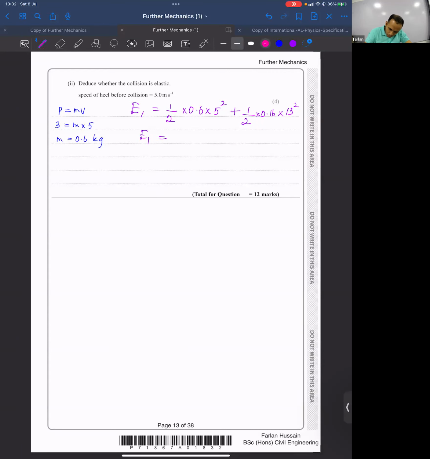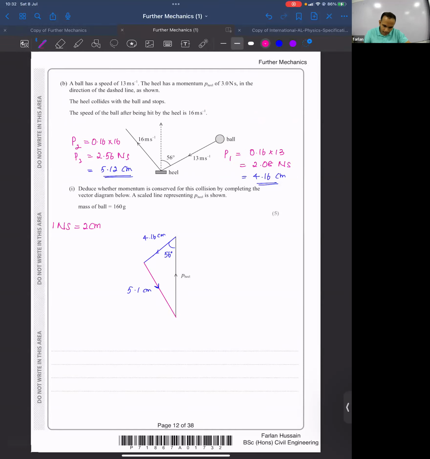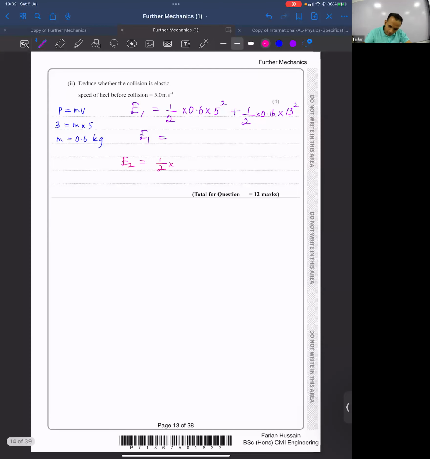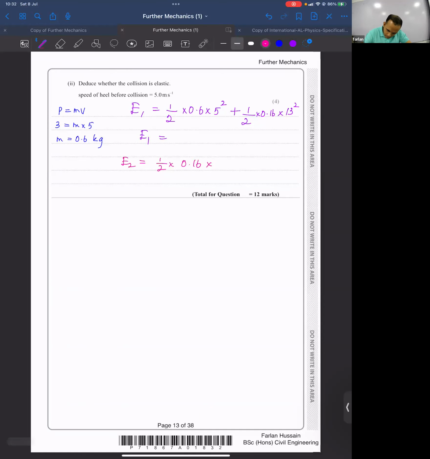After collision, the total kinetic energy will be E2. The heel doesn't have kinetic energy, it stops. So the ball's kinetic energy will be half into 0.16 into its speed, 16 squared. Let's compare the two values and see.